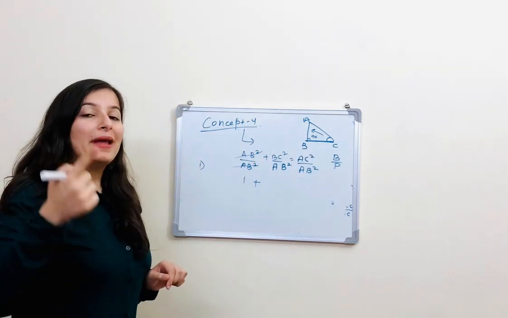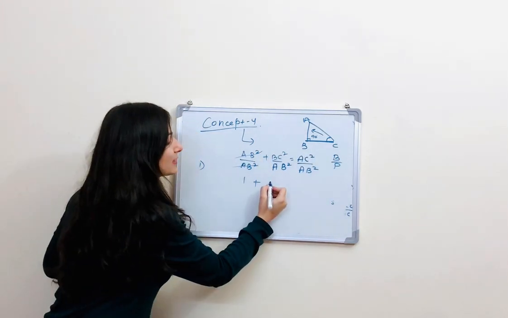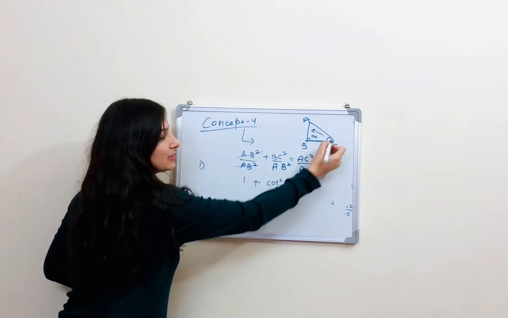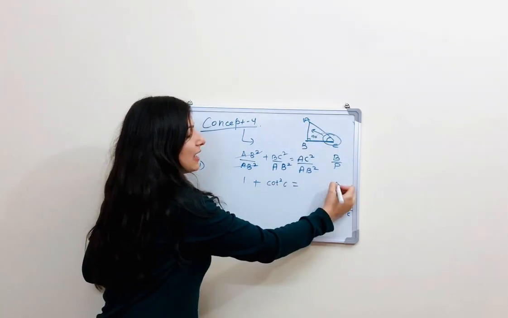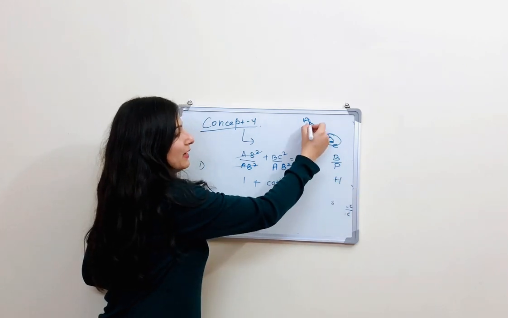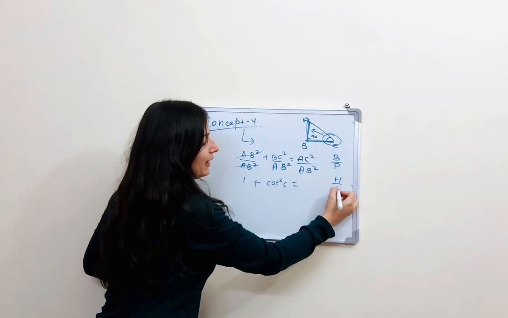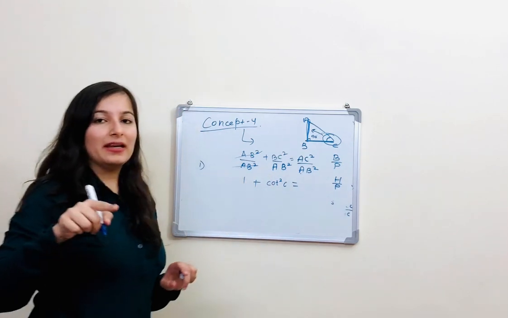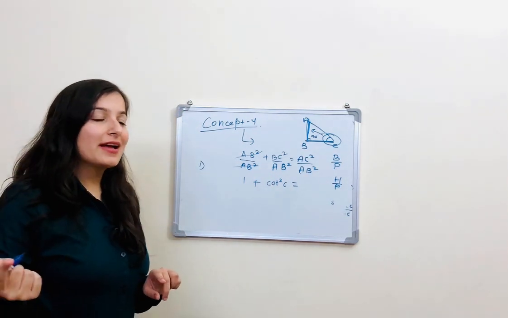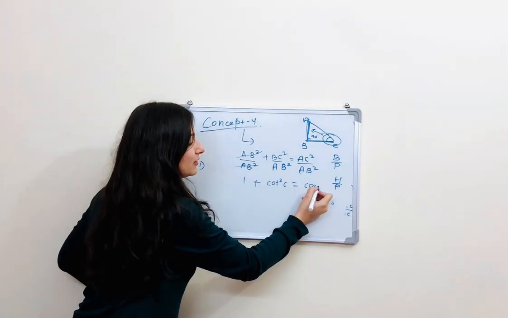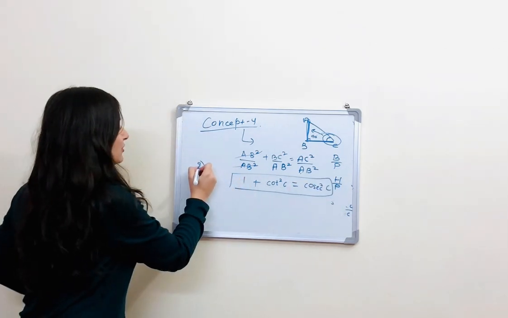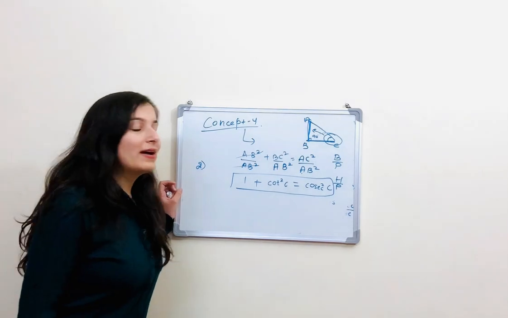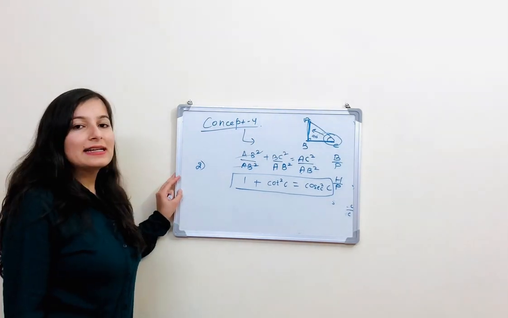And you know base upon perpendicular is cot square C because we are taking C as our theta. AC is hypotenuse and AB is perpendicular. So H upon P, that means reciprocal of sine, which is cosec square C. So this is our second identity, which is 1 plus cot square C equal to cosec square C.